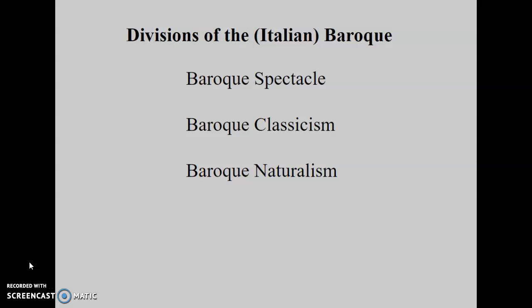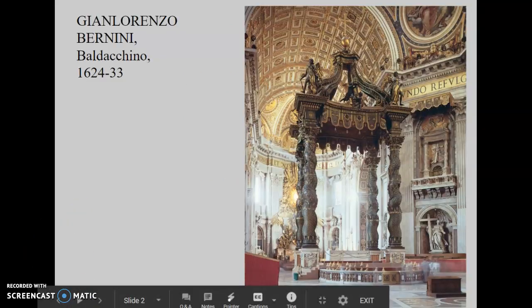But in the Baroque, we start to see that true naturalism, drawing people and scenes as they are, is not quite the same as drawing them as the Greek and Roman ideals that we see in the Renaissance and in the classical world. We're going to start today with Baroque Spectacle, and the artist who probably represents Baroque Spectacle more than any other is Gian Lorenzo Bernini.